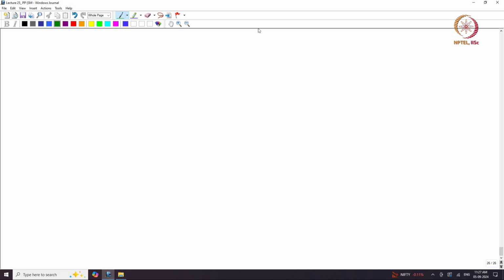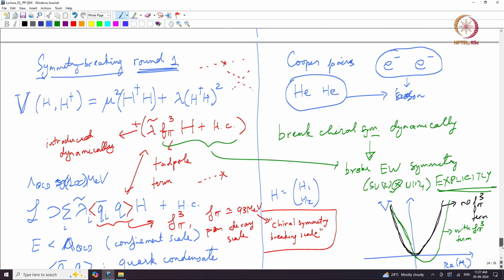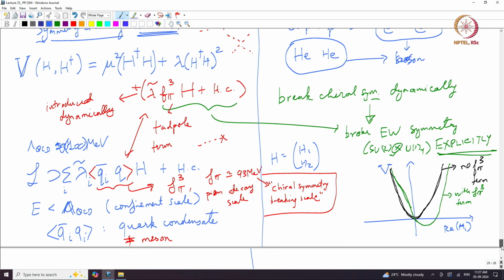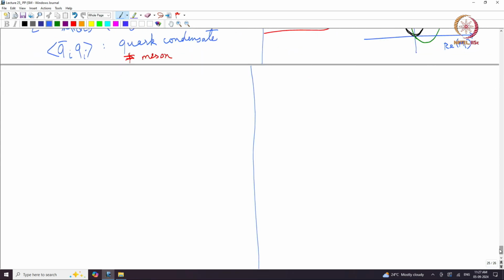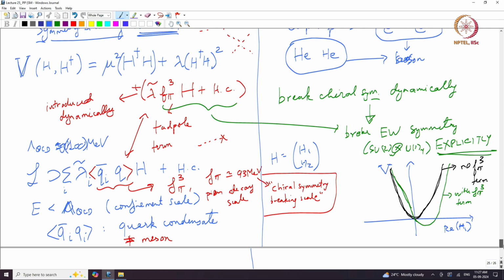Now, let us try to find the value of this minimum. So, where does the minimum come? Instead of actually doing the calculus and solving for the minimum, I am going to consider a couple of these cases. And to make life easier, I am going to think of these in terms of real fields, but they can be generalized easily to all the 4 dimensions in field space.